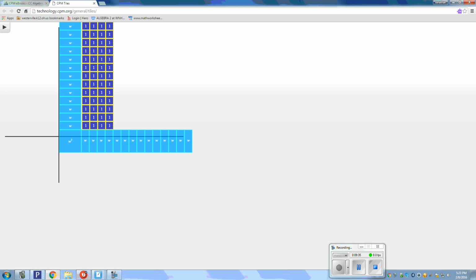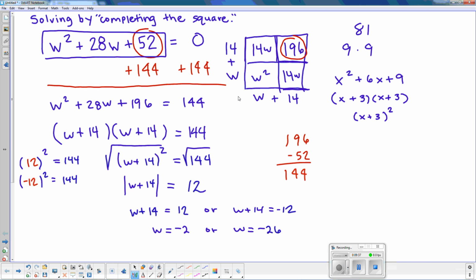In the generic rectangle, you just see it as just the math. 14 times 14 gives you 196. So to turn 52 into 196, we have to add 144, and then we have to add 144 on the other side. Hopefully this helps.